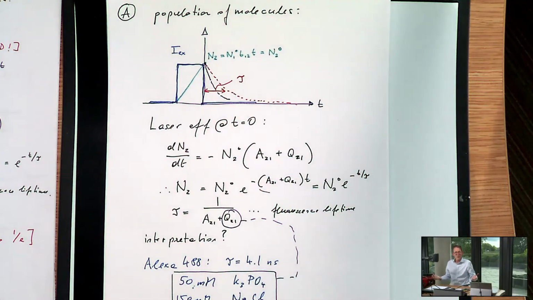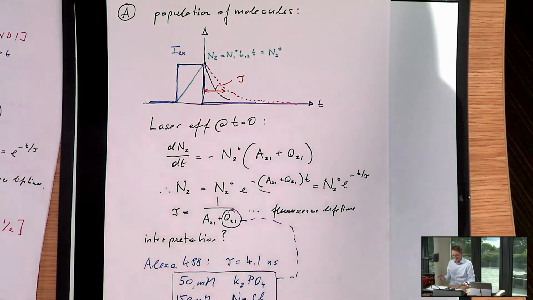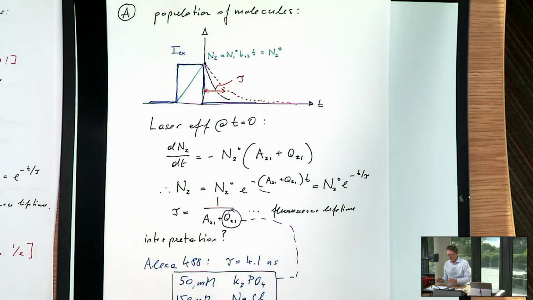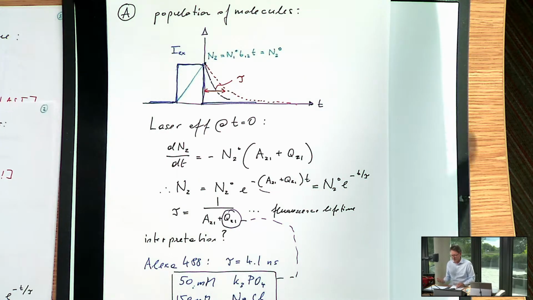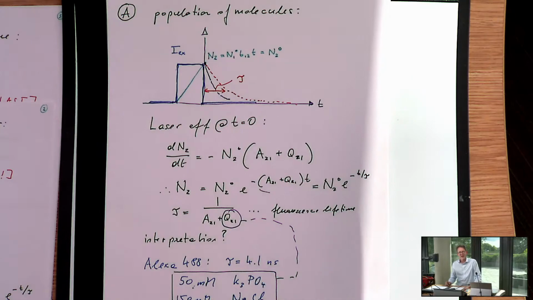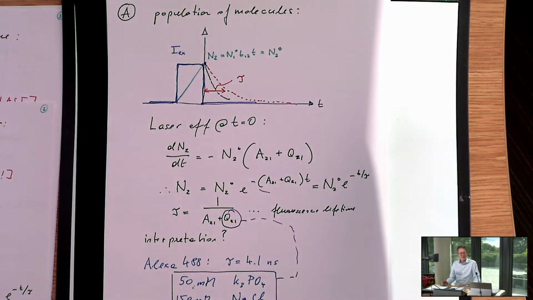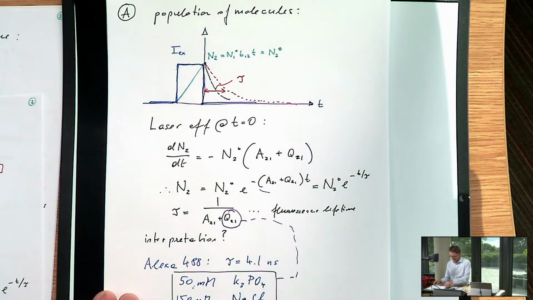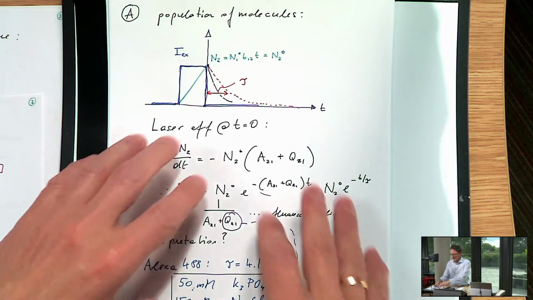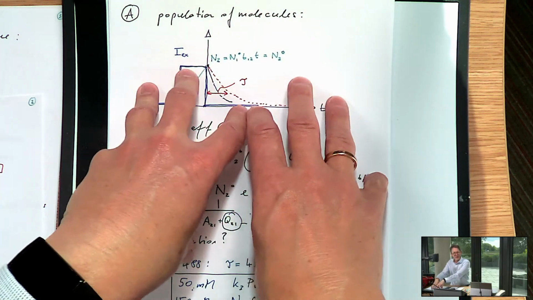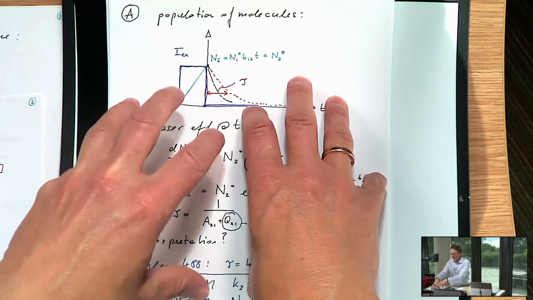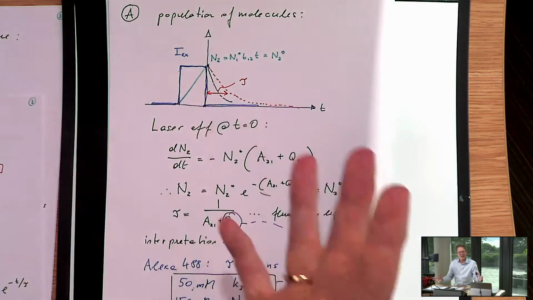So you can see why this is useful already. It is useful because changing the environmental condition is reflected in lifetime changes, and these lifetime changes can therefore, if we understand the physics behind it, be used to say something about what is happening at the molecular level. Okay. So again, it's clear now to see what this means, this lifetime, in terms of thinking about a population of molecules.